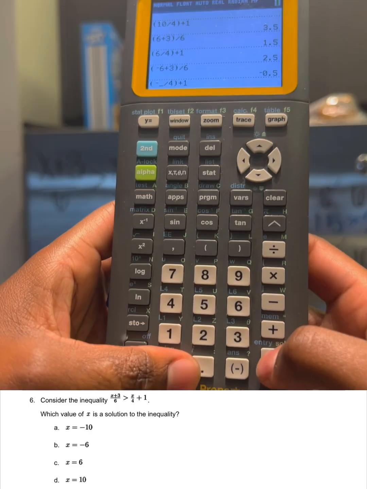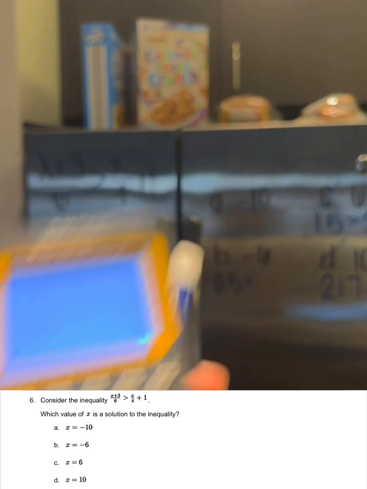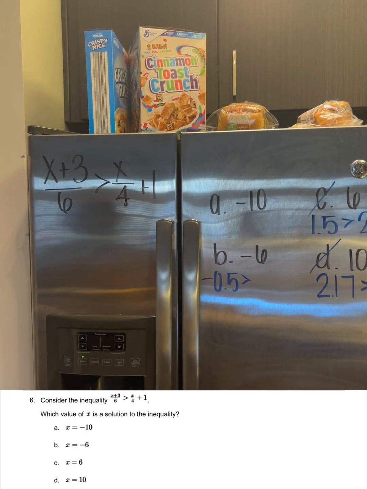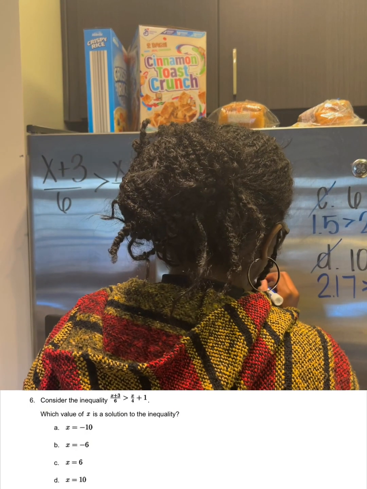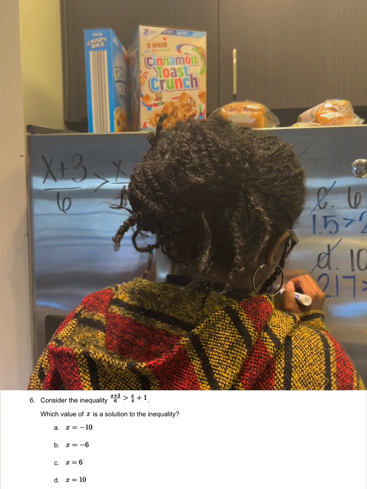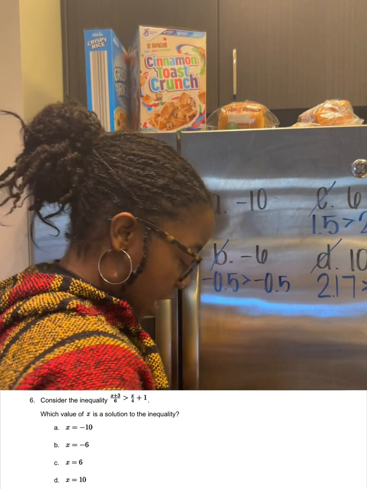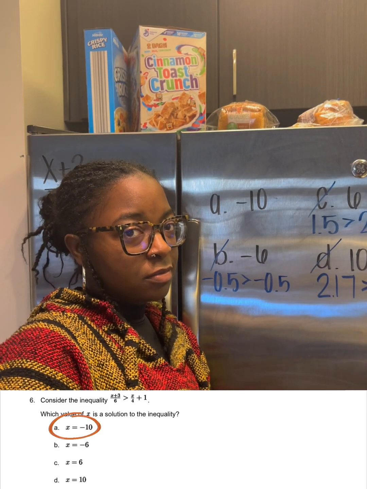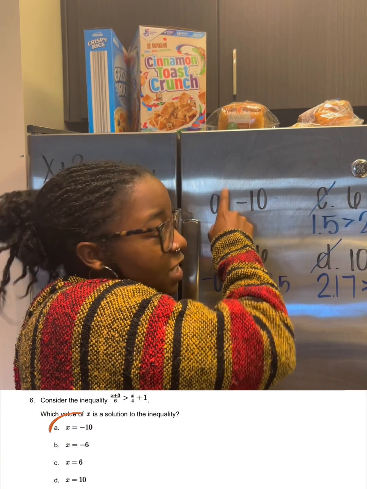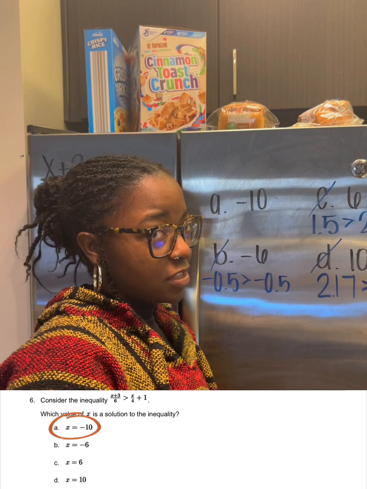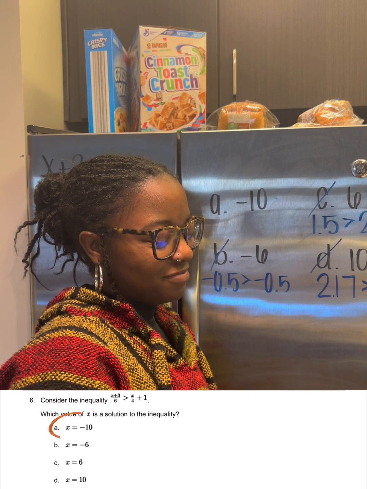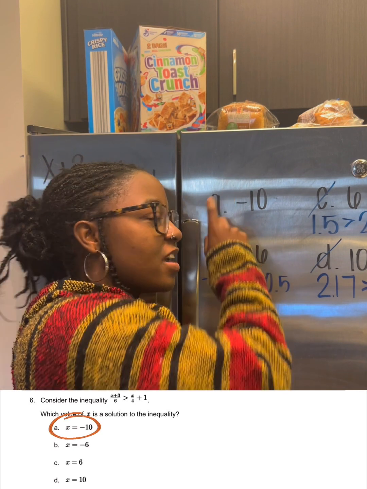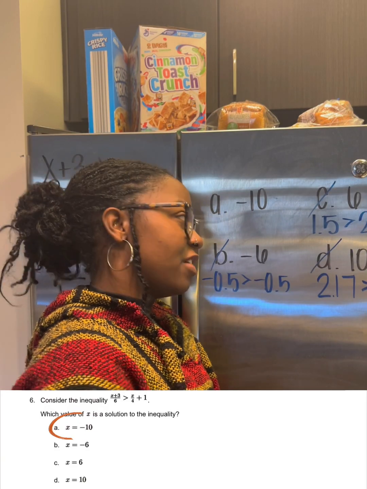Write down. Sign. Negative 0.5. Is negative 0.5 greater than negative 0.5? No. Now just hold on a second. If all three of these are wrong, A es derecho. I don't even know if that's the right way to say that. No sé. But A is the correct answer, okay?